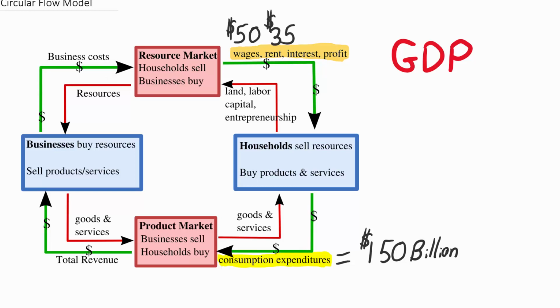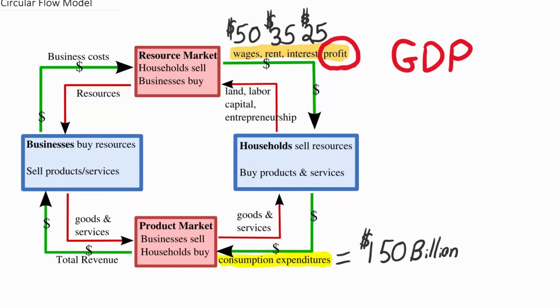And all the interest, maybe that's really easy to calculate as well, because we can look at all the financial transactions and banks and things like that, and we can get the interest. It's $25 billion. But suppose we don't have a really good way to calculate the profit. Well, how could we figure that out?